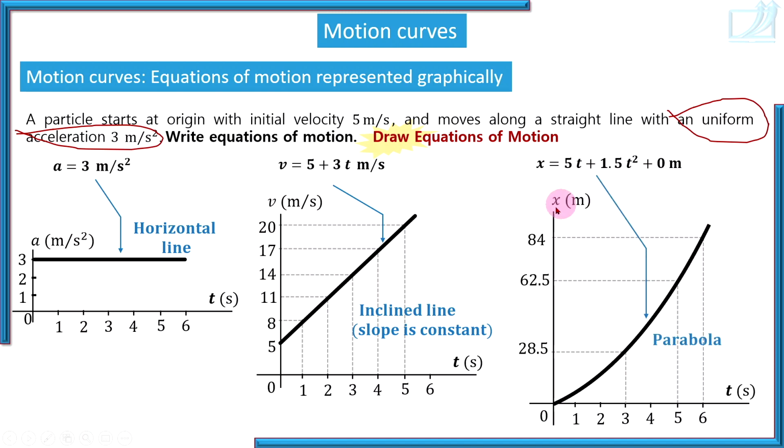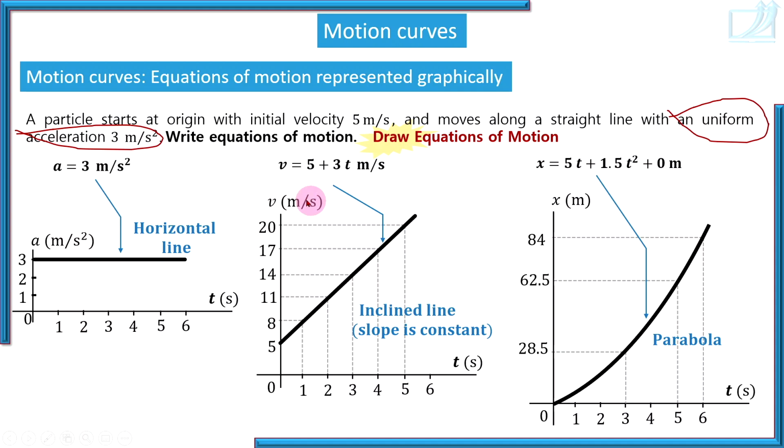Check this equation. Y is equal to ax squared plus bx plus c. This is the standard equation of a parabola. So to draw equations of motion means to draw the variation of those variables, acceleration, velocity, position, along time t.